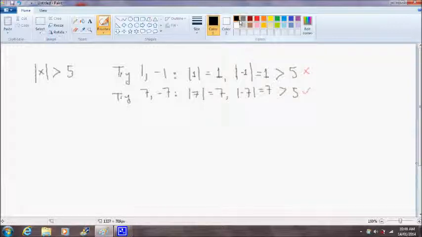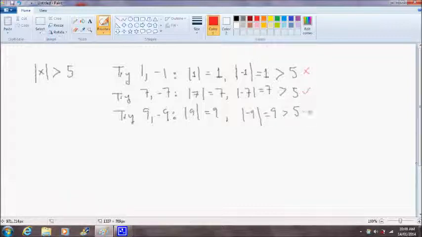We can see a pattern here, but I'm going to try one more: 9 and negative 9. So the absolute value of 9 is 9, and the absolute value of negative 9 is 9, and that is also greater than 5.